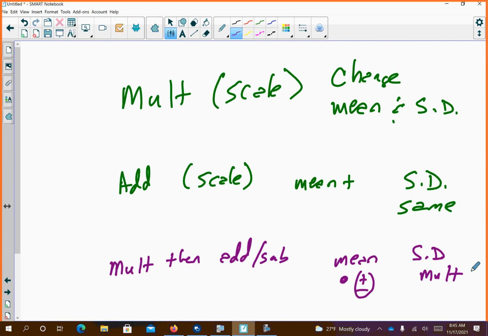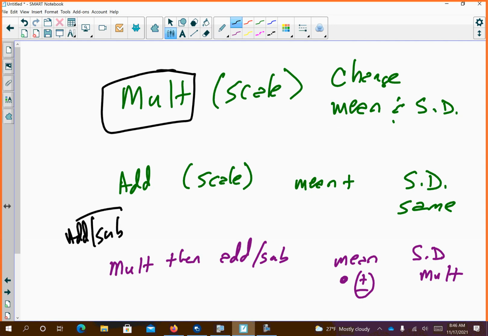Does that make sense? So multiplication changes both the mean and standard deviation. The addition or subtraction will change the mean. It doesn't change the standard deviation, to keep your spread the same.